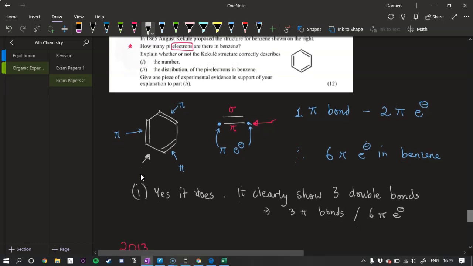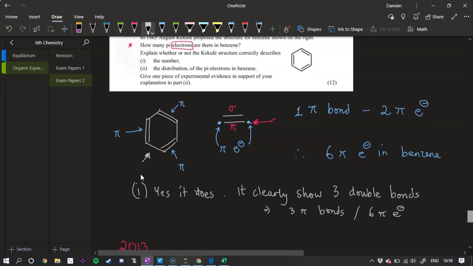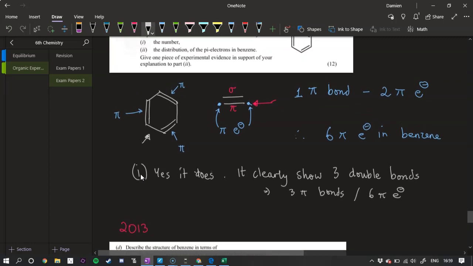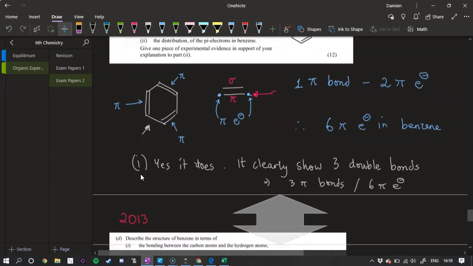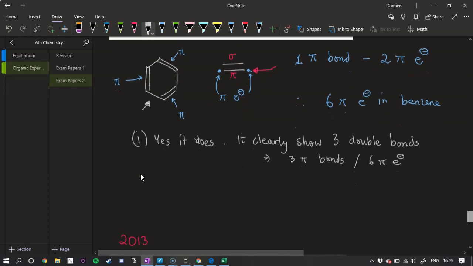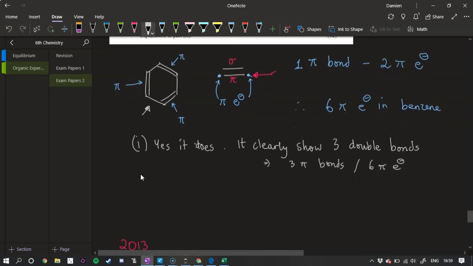However, then it says explain whether or not that structure, that shape, explains the distribution of pi electrons in benzene. Now we know from previous examples how the electrons move around benzene. The electrons move around benzene in a delocalized fashion, and that's not seen in this structure. So in this particular example, I would say no, it doesn't accurately.